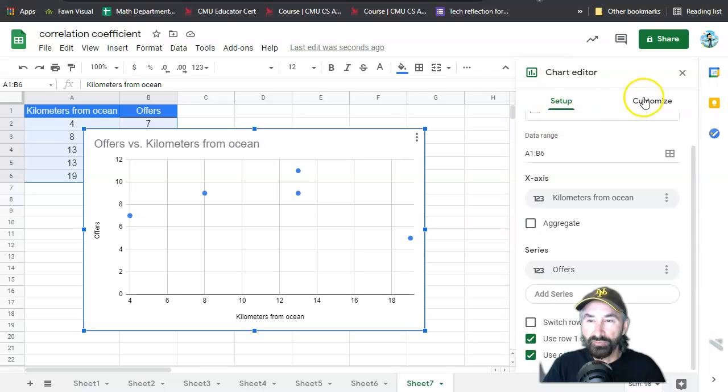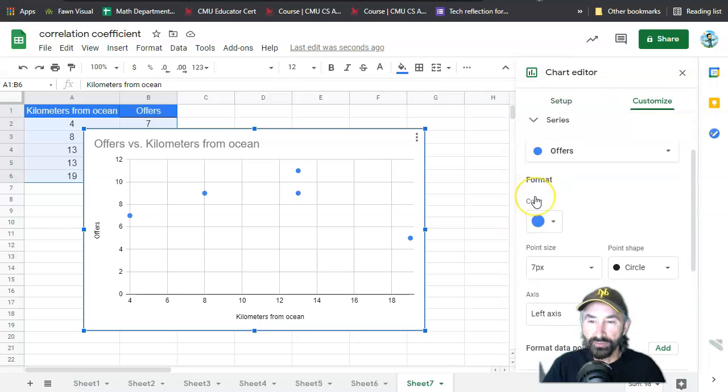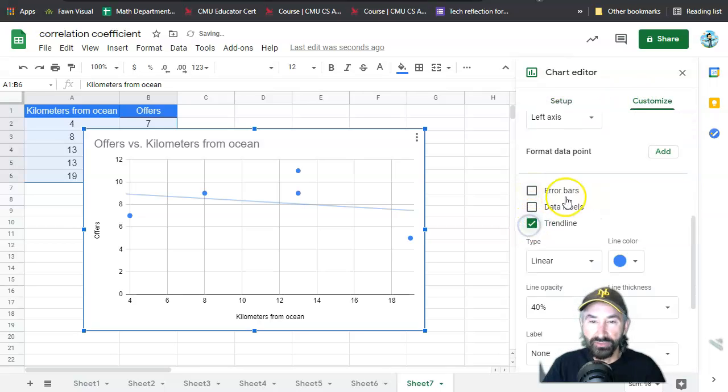And if we wanted to, we could even do a trend line through the data. Now, when we look at this trend line, I don't know if it's really a great representation of all this data. It almost looks like there's not really a real strong trend there. But nevertheless, they want us to find the correlation coefficient, so we'll try to do it.